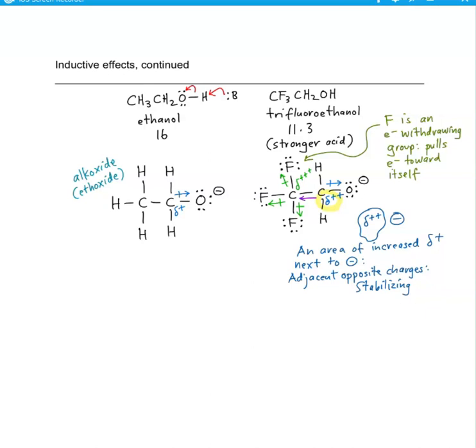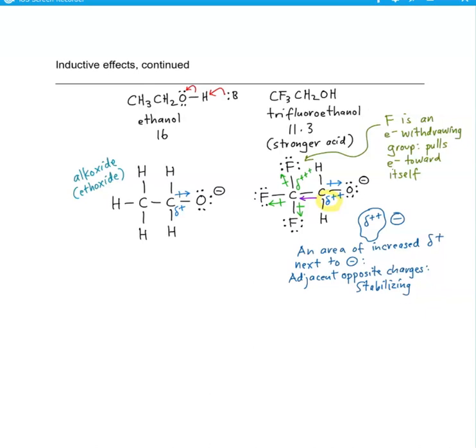Notice that none of this is happening in the other structure. So it's only by virtue of the presence of the fluorines that the carbon that's bonded to the oxygen has more partial positive charge character and thus provides more stabilization for the negative charge on the oxygen.